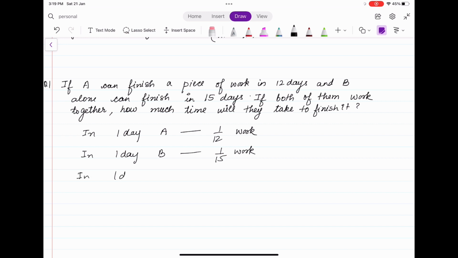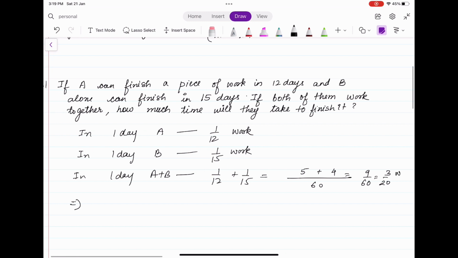In 1 day, A plus B will do how much work? 1/12 plus 1/15. Taking the LCM, 60. 5 plus 4, 9/60. Reduce, 3/20. It implies this is the work they are doing in 1 day.